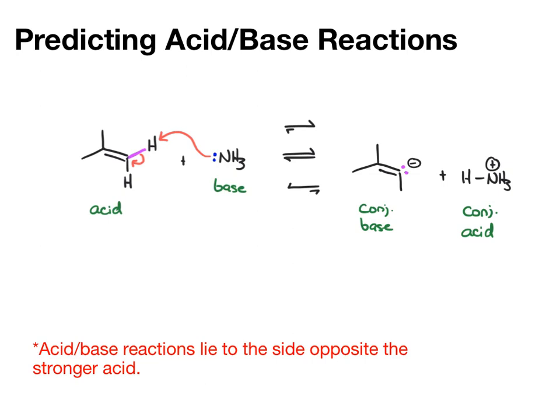The pKa of a hydrogen on an sp2 carbon is about 44. Then, if you look up the pKa of a protonated amine, the pKa is about 10.